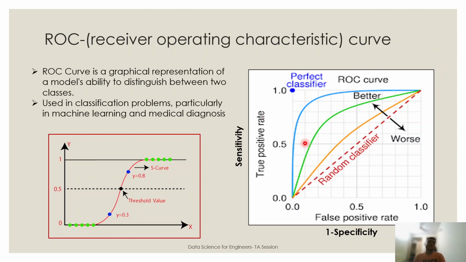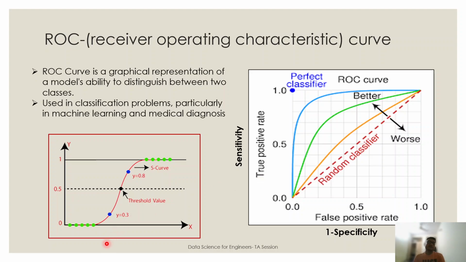Okay, so how are these calculated? They will take a particular threshold. You are able to see here this graph, that is a sigmoid function. They will take the threshold equal to 0.5, and for 0.5 they will calculate the true positive rate and false positive rate, and they will put that particular point here.